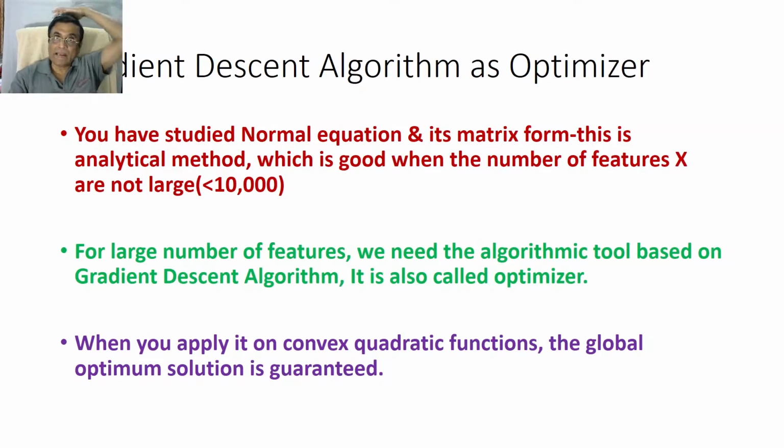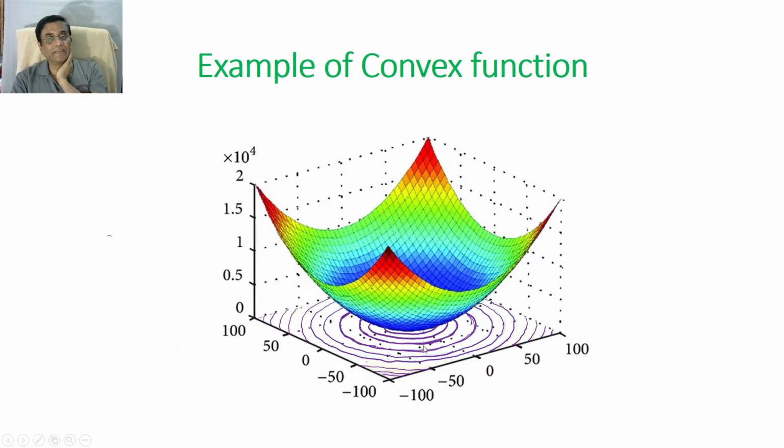And what you have seen also, and we have done it, is that my error function is a convex quadratic function, right? And what is that? Let us try to see it pictorially. So this is an example of a convex function, right? Say I have two features.